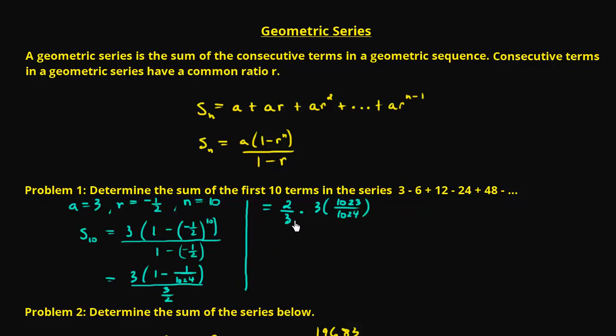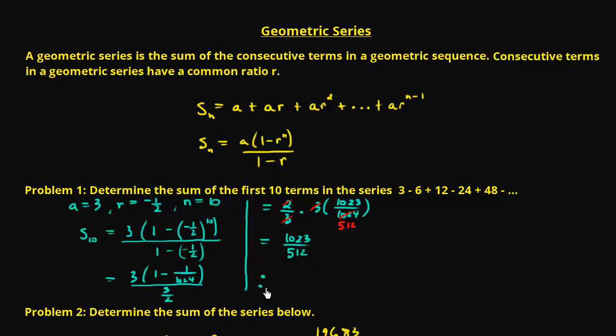Here these factors of 3 divide out because I've got a factor of 3 both in the denominator and in the numerator. So the sum of the first 10 terms is 1023 over 512.